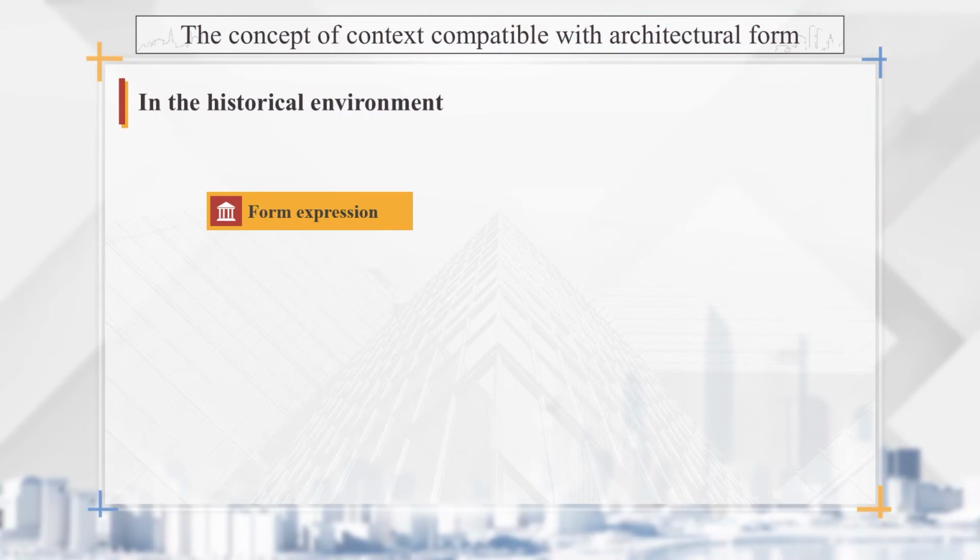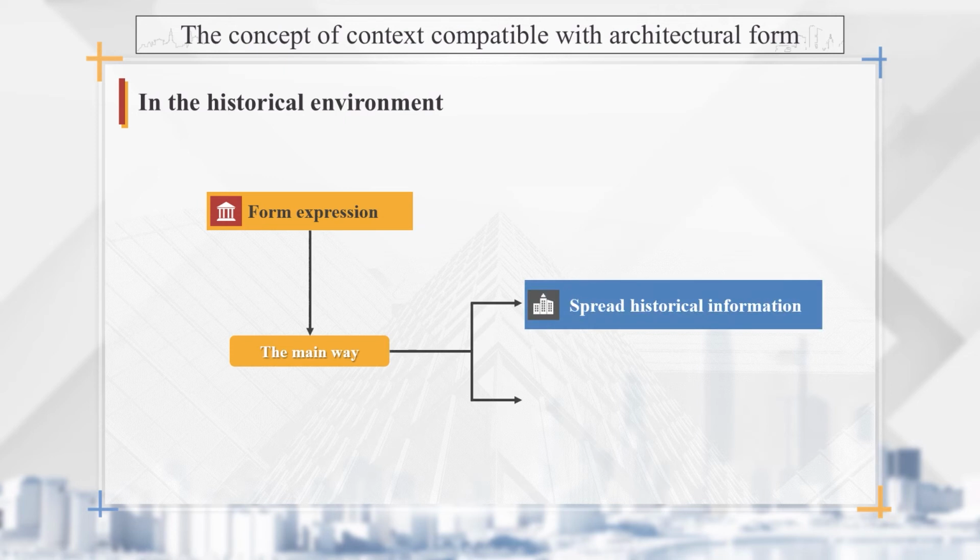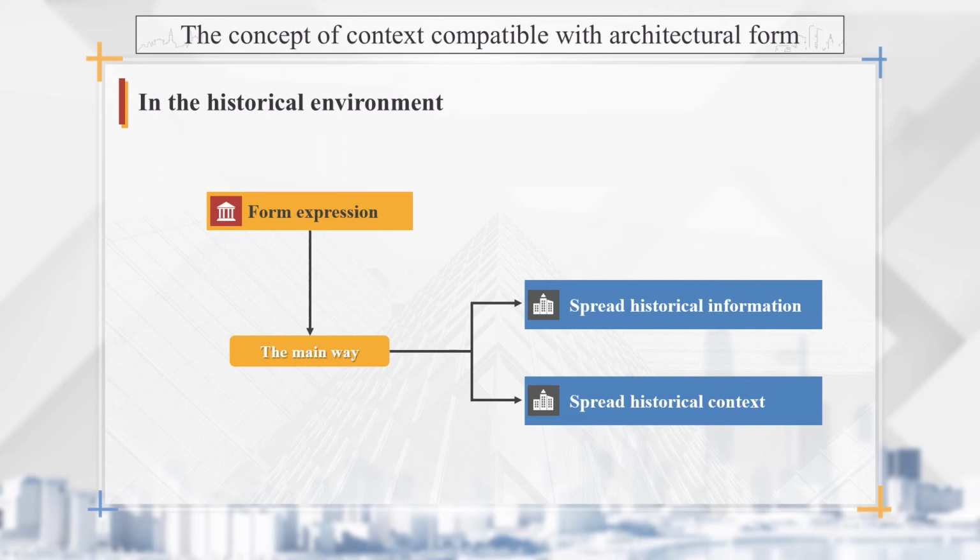Therefore, form expression is the main way to spread historical information. In the process of historical building reuse, the historical context needs to be transmitted through form. Therefore, the architectural form is the part that we must pay attention to in the creation of reuse.